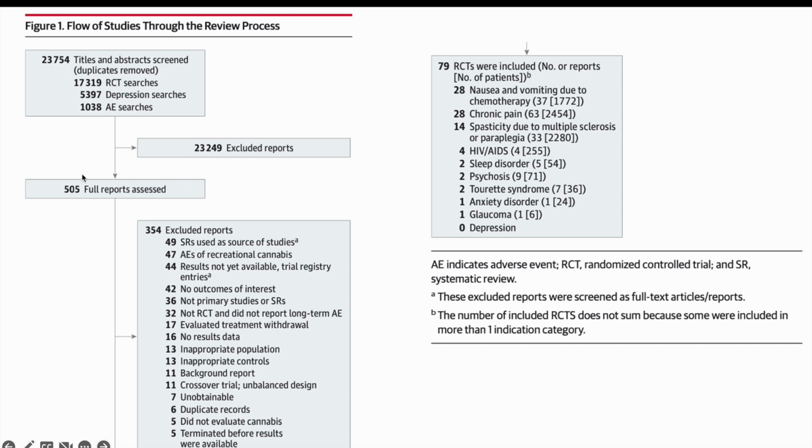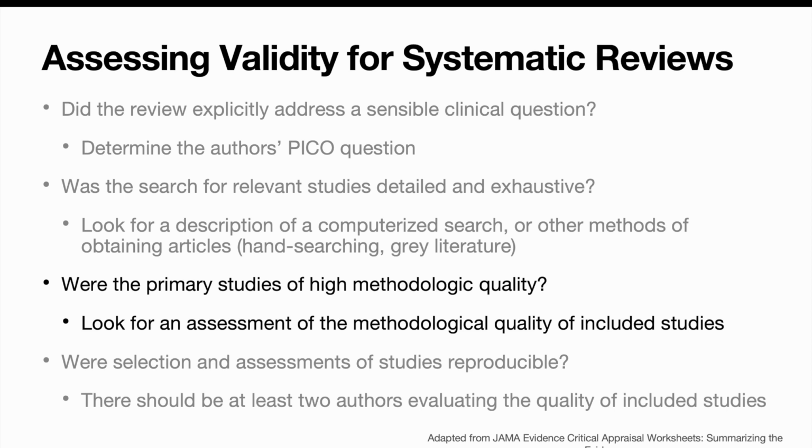So then they looked at the full text of 505 of them, and they excluded this many of them. And we go down, and we finally see that 79 randomized controls were included in their systematic review. So they did do a detailed and exhaustive search.